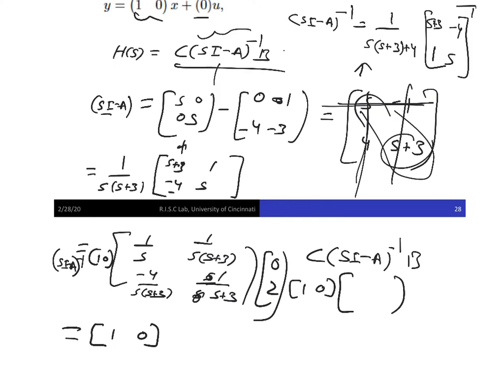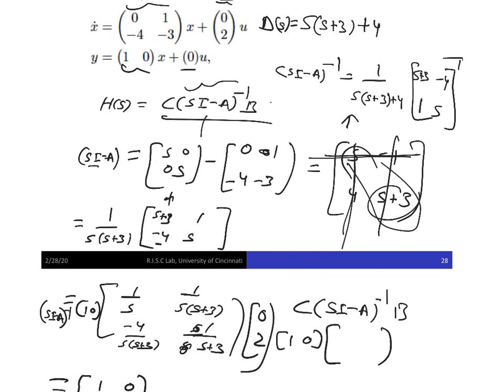So up in the top right of your current screen, you have 1 over S times S plus 3 plus 4, for your SI minus A inverse. And then when you go to the bottom, you no longer have the plus 4 on the denominator for the determinant. Oh, yeah. Determinant.